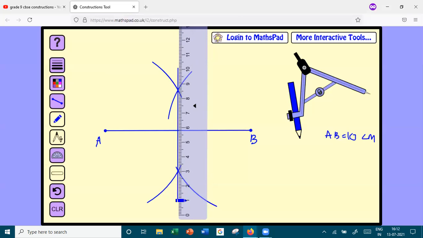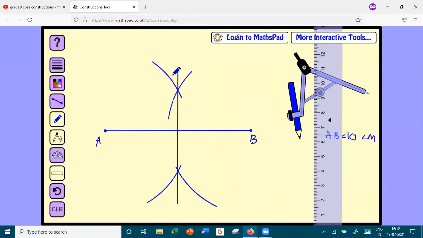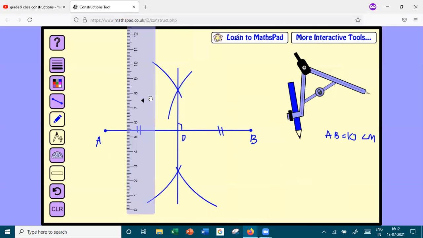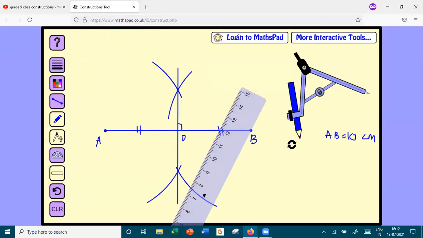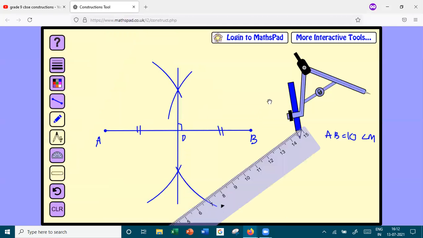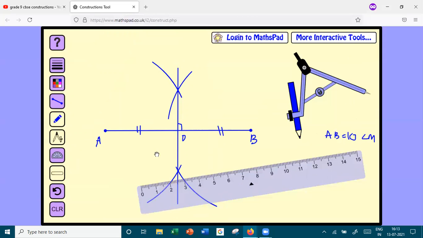It still doesn't look 90 to me, but let's try. So this line which you've drawn becomes the perpendicular bisector because this is 90 degrees. And this line segment and this should be equal, so AO and OB should be equal. Let's measure and check. Ma'am, I took 9.5 and I actually did get the answer right, somewhere near 4.7.